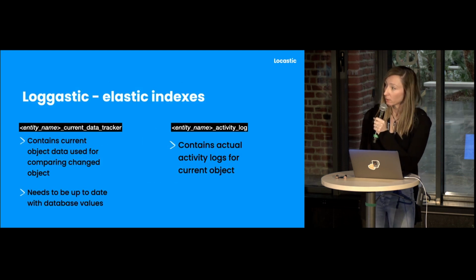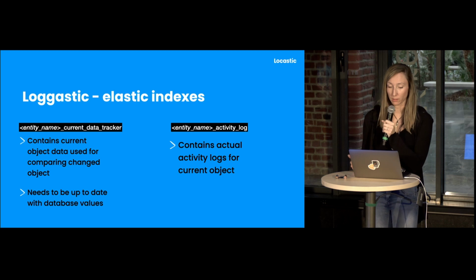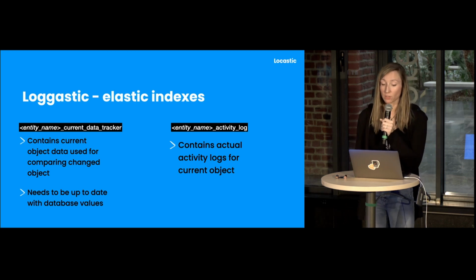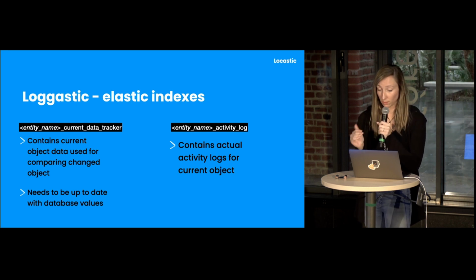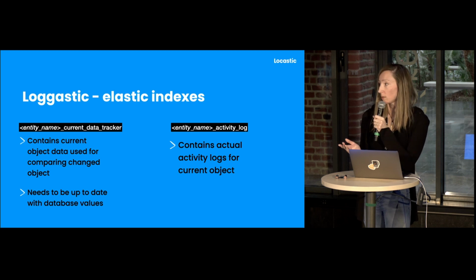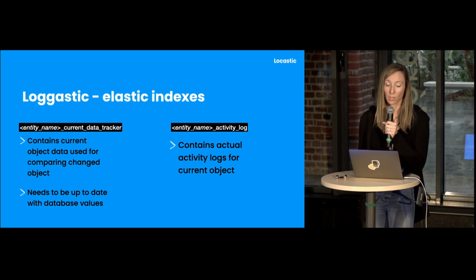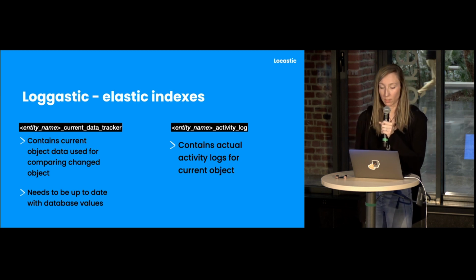So let's take a look at which indexes we need for our logs. The first one is the current data tracker. Each time some object is created, we save all tracked field values to this index, and then we use it later to compare our data, so we have those before and after values.